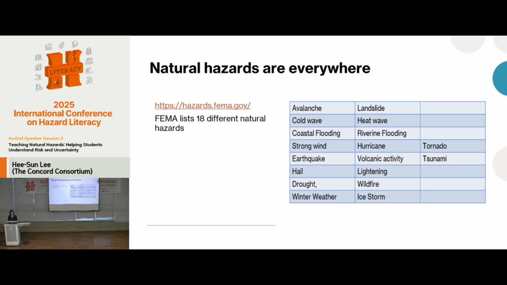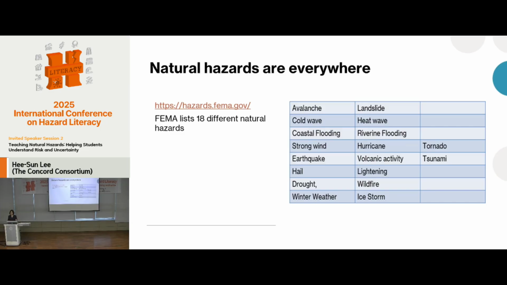Okay, so why we need to teach natural hazards, in so many different types, everywhere in the world, in the United States, especially in South Korea, everywhere we are suffering from natural hazards. So FEMA, which is the Federal Emergency Management Agency in the United States, basically lists 18 different natural hazards, starting from avalanche, landslides, through winter weather and ice storm.